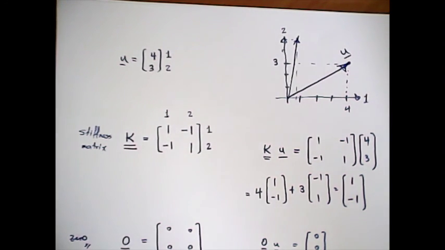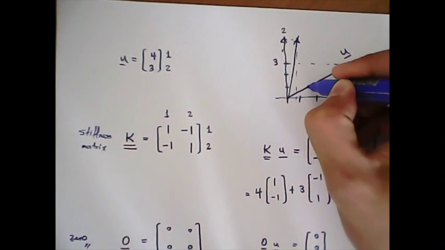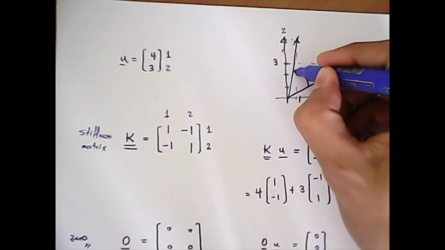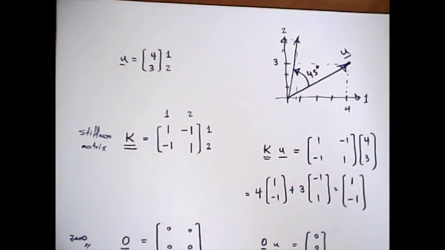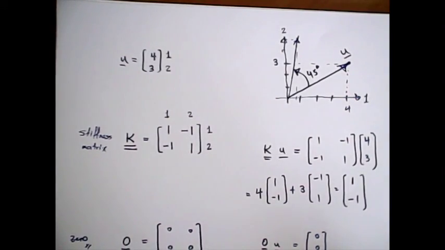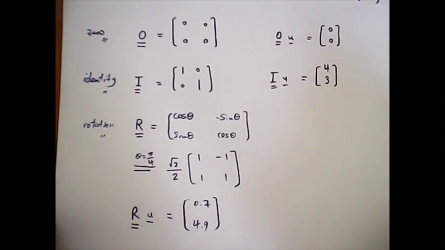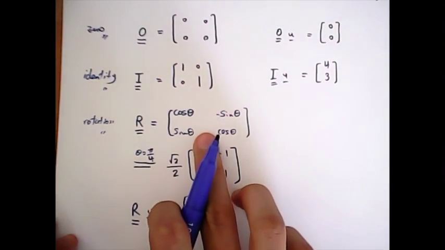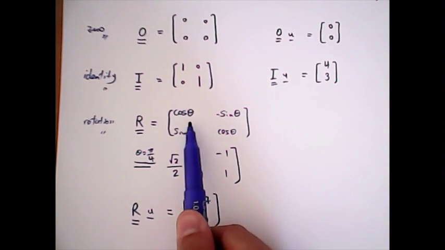Probably you can see that it's as if the U bar is rotated 45 degrees counterclockwise. That's pretty cool. So this rotation matrix down here, whenever we multiply it by a vector, it gives us the rotated version of that vector by the value of theta.